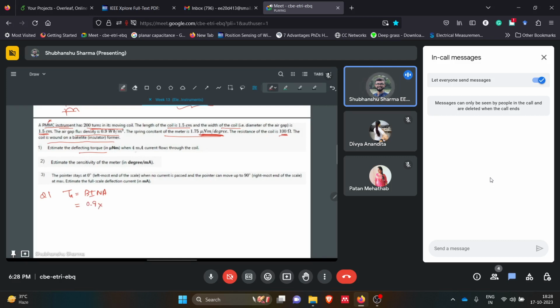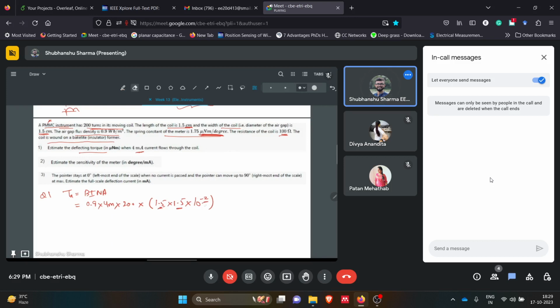Then we have 4 milliampere, N is 200, area is length into breadth, 1.5 into 1.5, but the unit of this is centimeters, so it will be 10 to the minus 2. For the length it is 10 to the power minus 2 and for the breadth another 10 to the power minus 2.